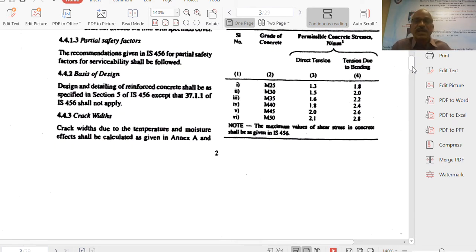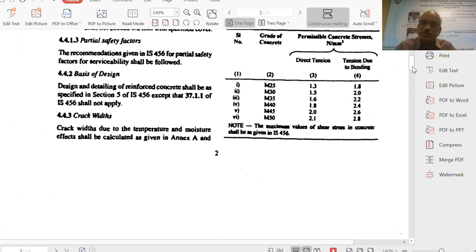So in the case of water tanks, actually one has to be thorough with the complete code, all the pages of the code book.